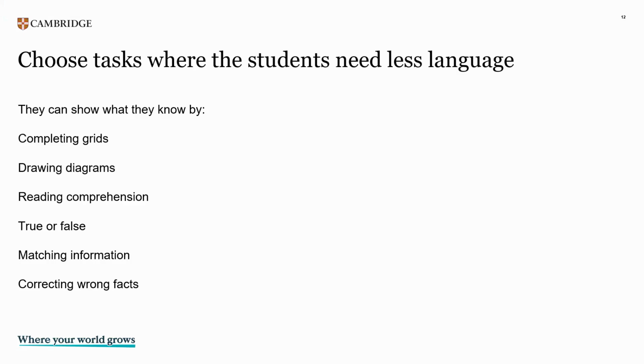A lot of this can be illustrated very clearly with a nice visual organizer, something pictorial, something very helpful. This again is a form of scaffolding.